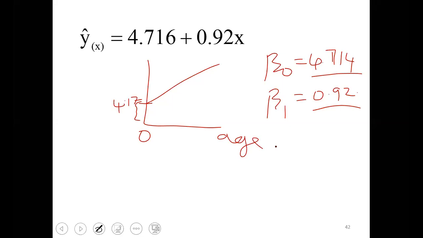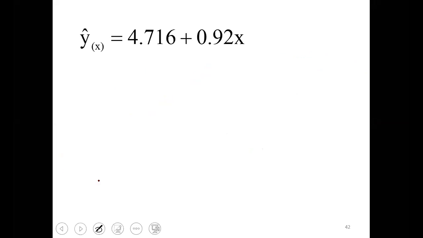So what do we mean by 0 level of age? 0 level of age means the time of birth. So at the time of birth, the average weight of the group that we have taken is 4.17 kilograms. That's all. So this is how we interpret. So this is the predicted equation, as I said.